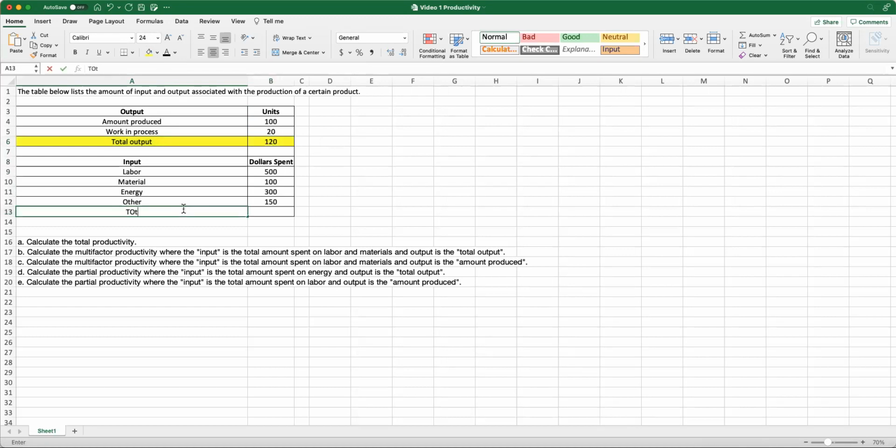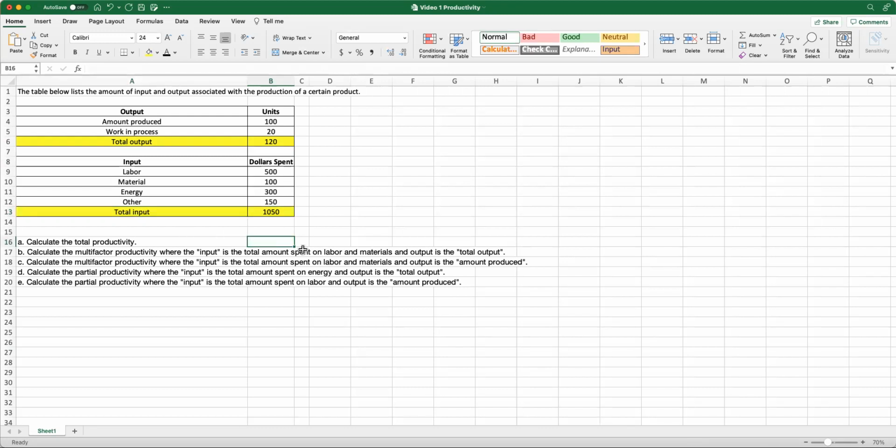And the total amount of input is going to be, again, the sum of the inputs we have, and I'm going to highlight them as well. So what we did is 500 plus 100 plus 300 plus 150, that equals 1050.